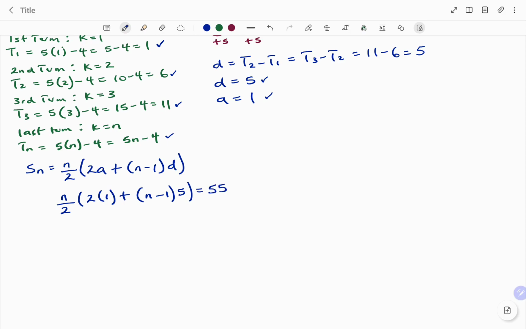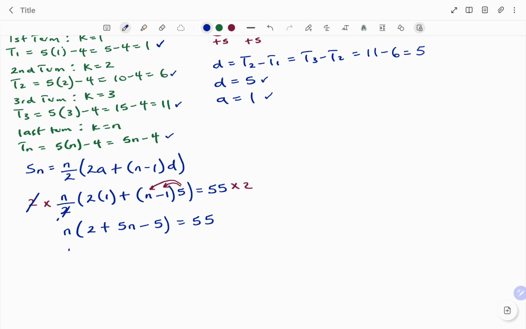To simplify, we multiply both sides by 2 in order to get rid of the fraction. We're left with n in bracket 2 times 1, 2, plus I'm going to expand the bracket by multiplying all the contents of my bracket with 5. So we have 5 times n, that's 5n, 5 times minus 1, that's minus 5, equal to 55.